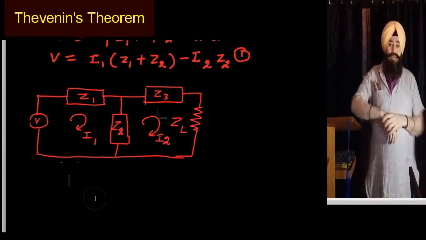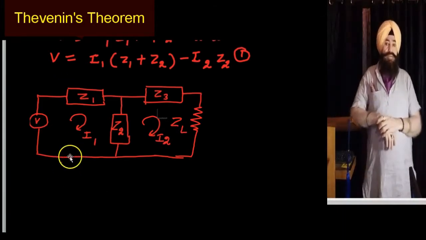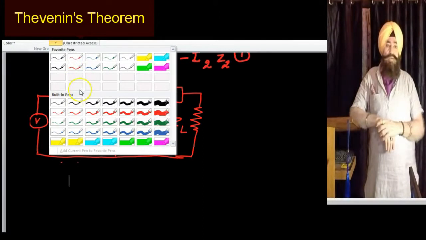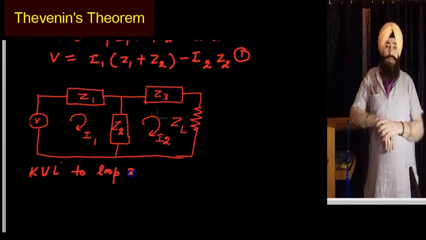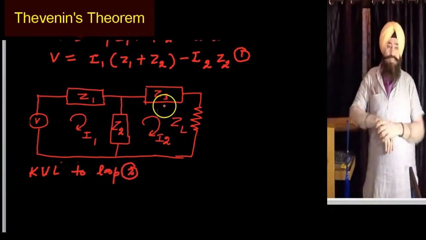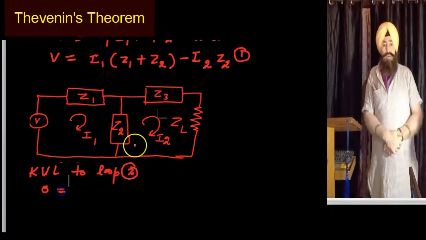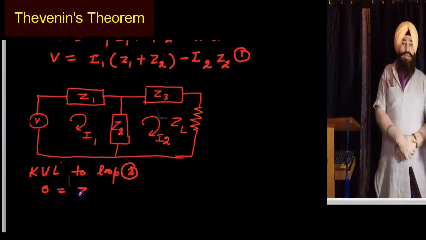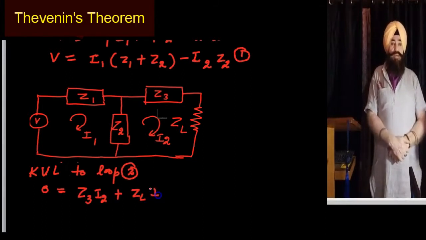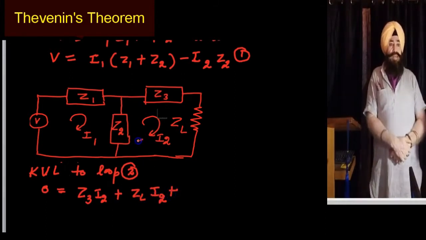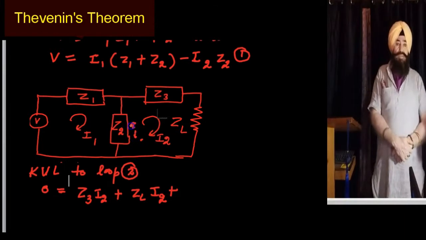Now we come to loop number 2. Kirchhoff voltage law for loop number 2. And here there is no voltage source, that means 0. Z3 I2, ZL I2, okay. But we are traversing along I2.